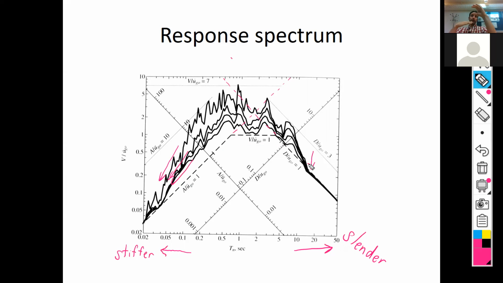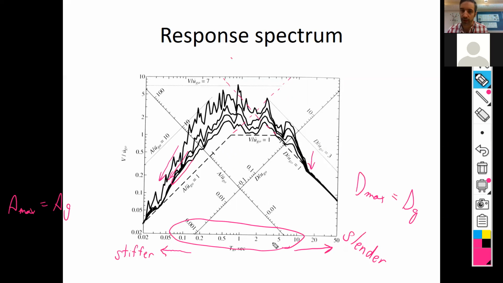So if the ground moves 1 meter, then the structure will bend 1 meter. If the ground moves half a meter, then the structure will bend half a meter. And that is just to corroborate what we explained before. In stiffer structures, Amax equals A ground. In slender structures, Dmax equals D ground. But of course, in reality, most structures will be somewhere in between, and we have these very complicated responses that are varying.